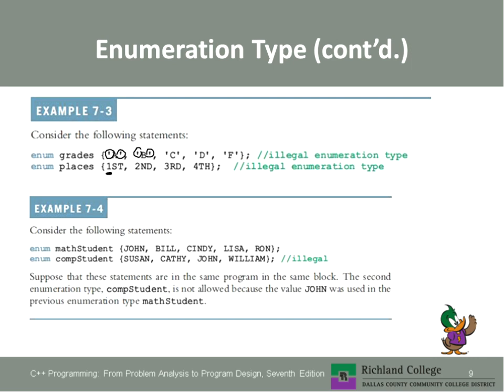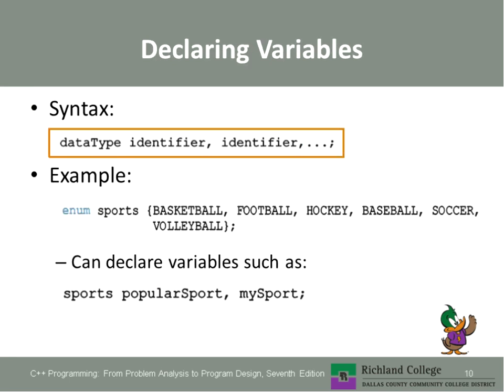So these are just identifiers. You can see here's the problem, that we start the identifier with a number. That's not allowed. And then if these two enumeration types are in the same block, we cannot use John in two different enumeration types. So there are some rules that you need to remember when you're using it, but besides that, it's pretty straightforward.